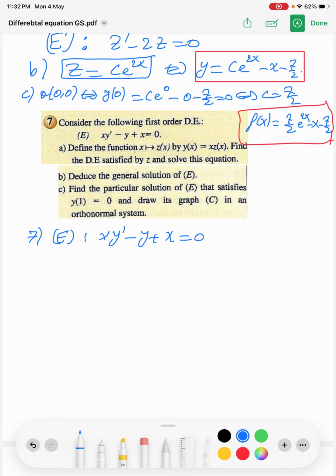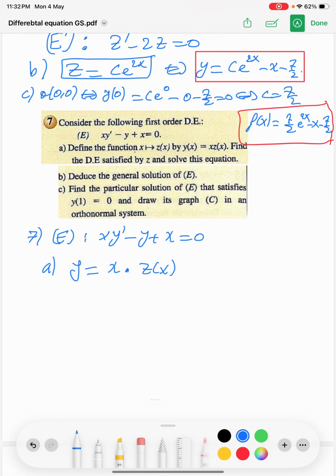Part A, he is giving us a variable z, a new function depending on x, with y equal x times z of x. Find the differential equation satisfied by z. If y equals x times z, then y prime equals, of course you should know it's in the form u times v, a product of two factors.